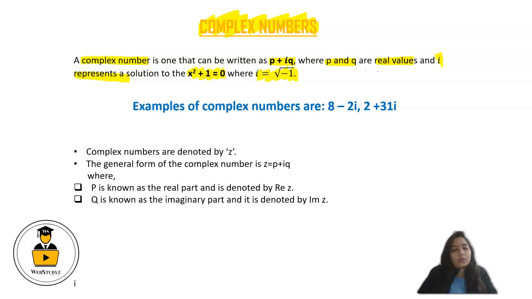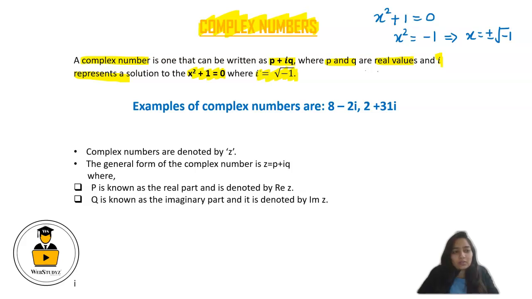So let's see what complex numbers are and where they originated. If we have an equation x square plus 1 equal to 0 and we want to find the solution, then x square is equal to minus 1, and x is equal to plus minus under root of minus 1. And we know that the square root of a negative number has no value in real numbers.